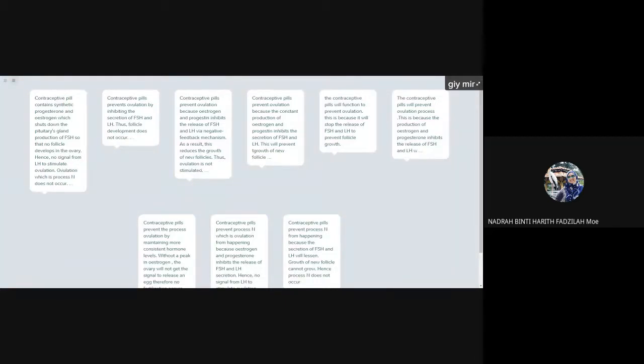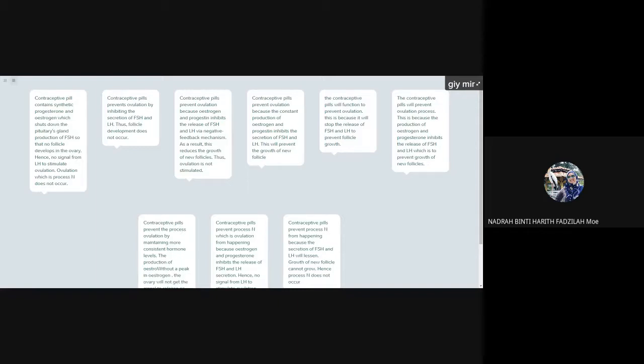So bila FSH dengan LH tak keluar, tak adalah increase in LH secretion sampai ke maximum level tu. So there is no signal from LH to start process N, atau kalau memang tahu N tu adalah ovulation, to start ovulation.